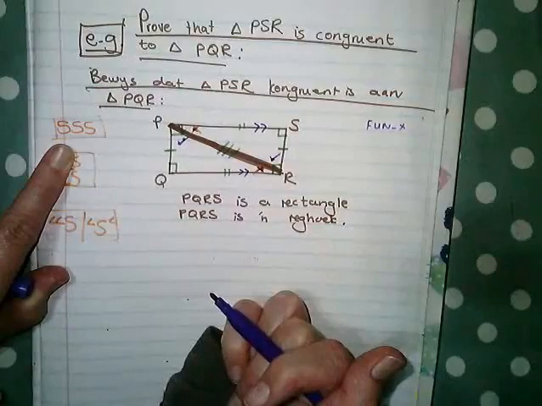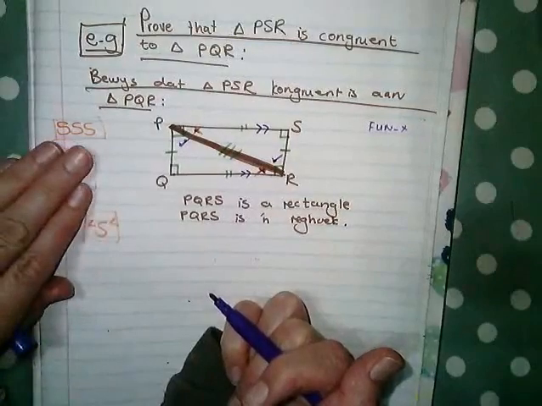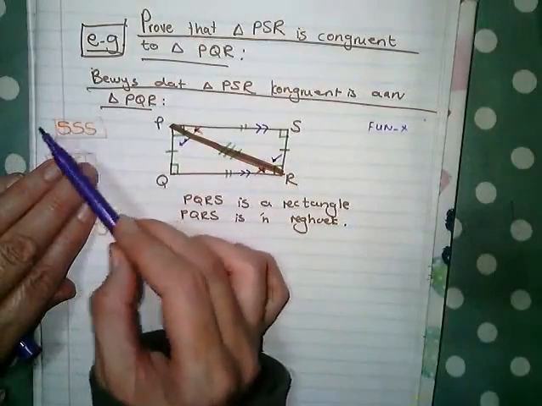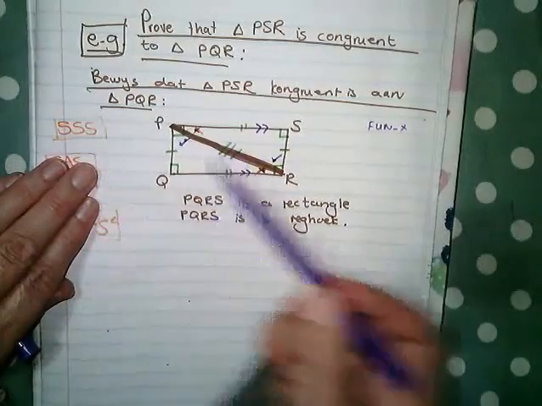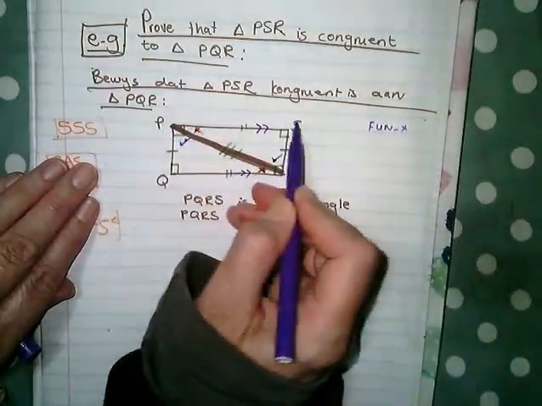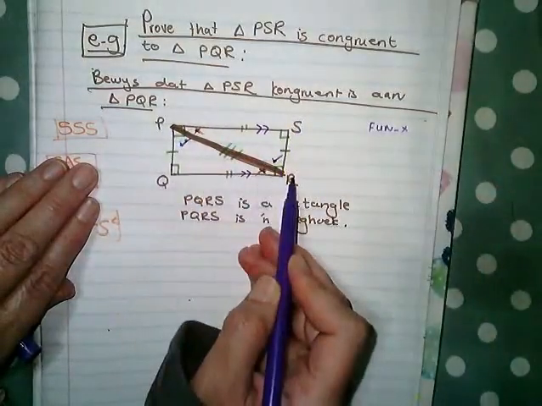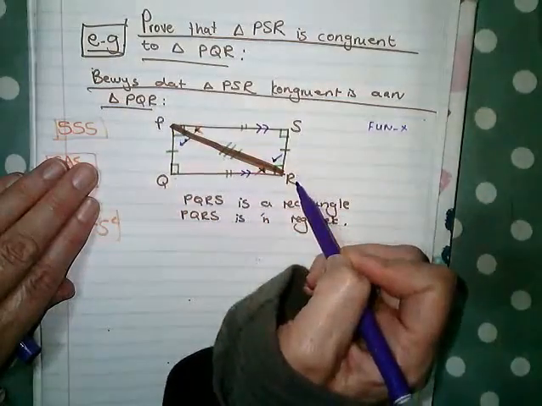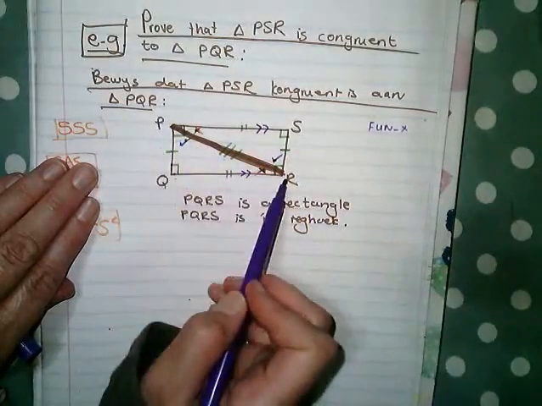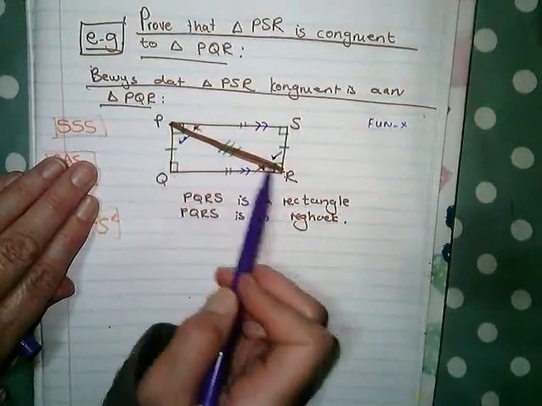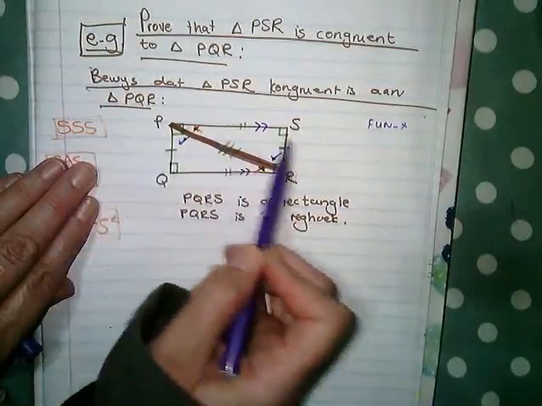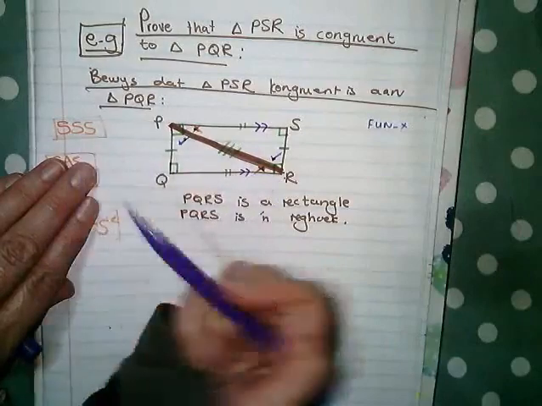Okay, so if we just look at that first possibility, side: PS is equal to QR, PQ is equal to SR, and PR in the one triangle is equal to PR of the other triangle. So in these 2 triangles, we have 3 sides that are equal.